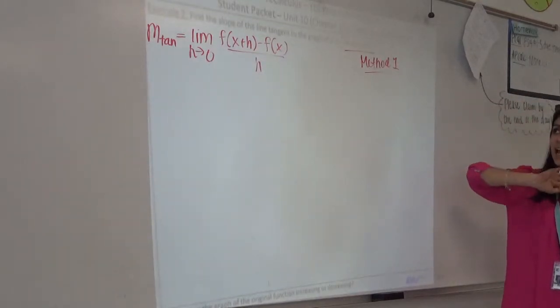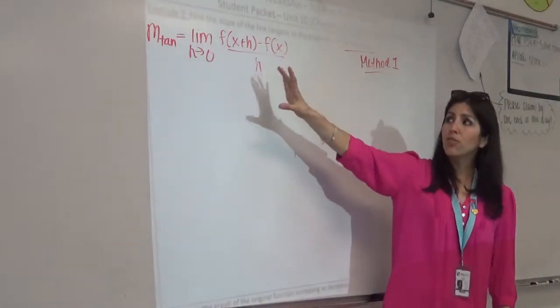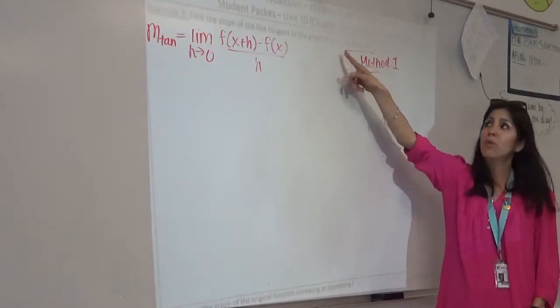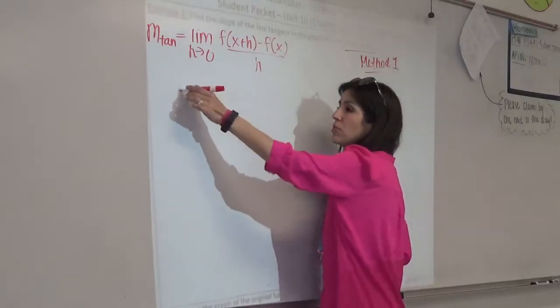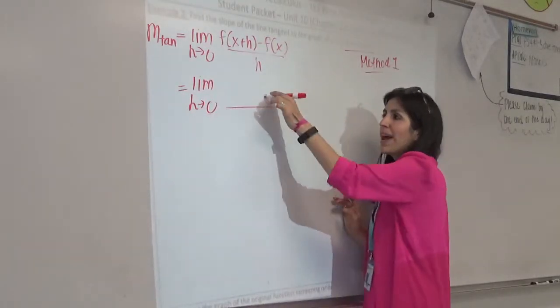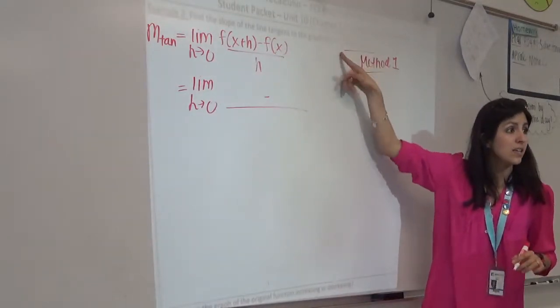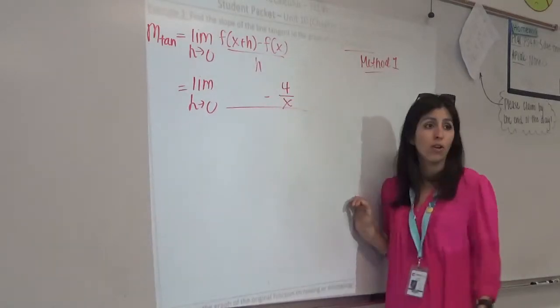Once I get that down, I ask myself questions like, how can I make this very general formula specific to the situation that I'm in right now with a function of 4 over x? Usually the first thing that I will do is come over here, and instead of minus f of x, I actually write in what the function is so that I can ground myself in this specific equation of 4 over x.